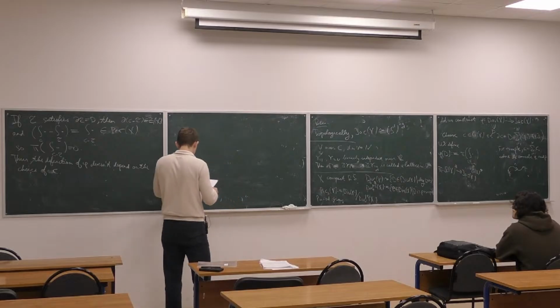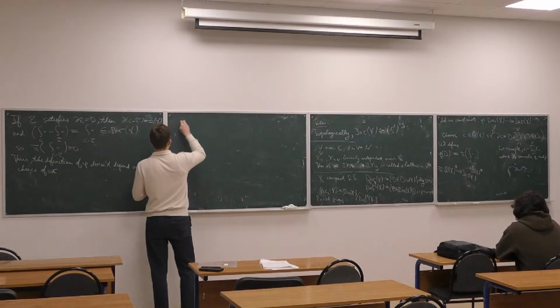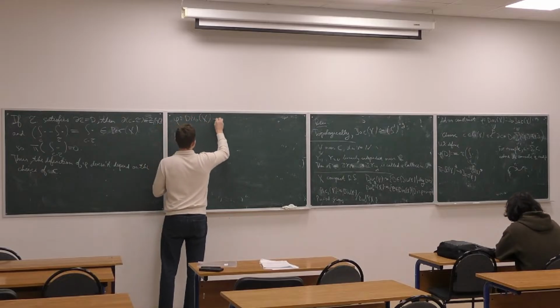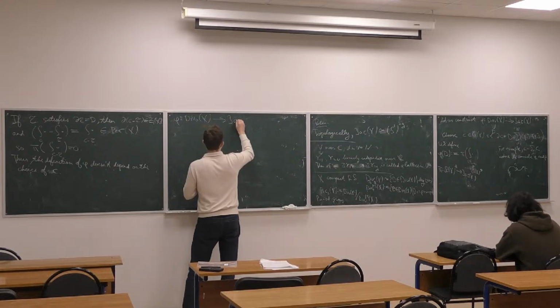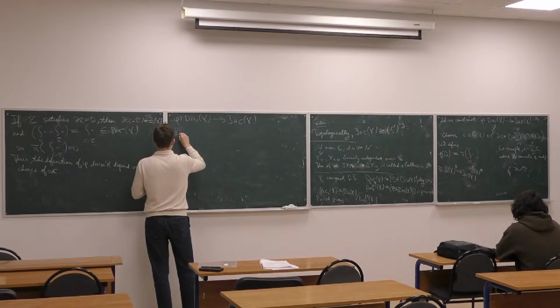So now, what is the reformulation? We constructed a map from degree 0 divisors to the Jacobian. What is an important remark?